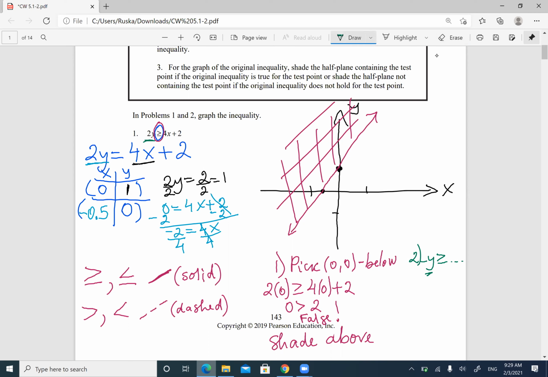If it's positive y greater than or equal, you're always going to shade above. If it's positive y less than or equal to something, you're always going to shade below. Now, if it's negative y, then it's going to be backwards. Make sense?